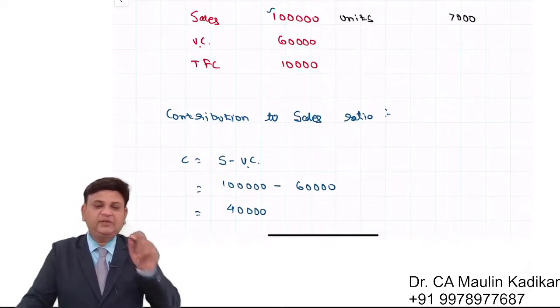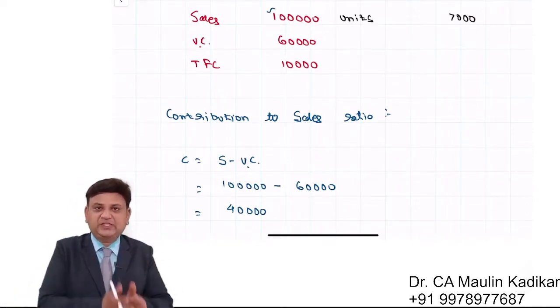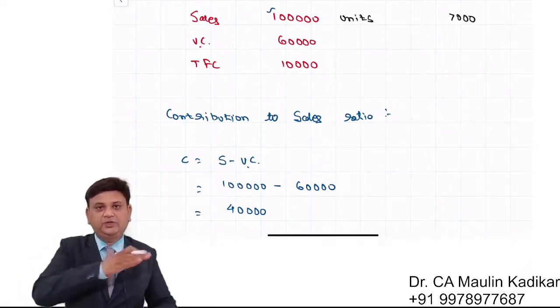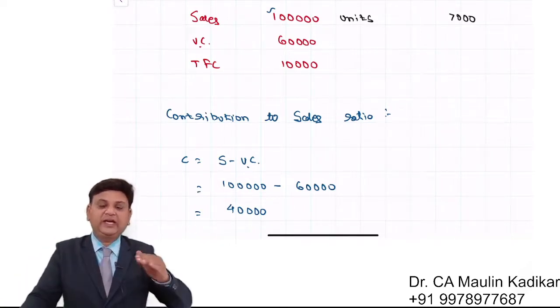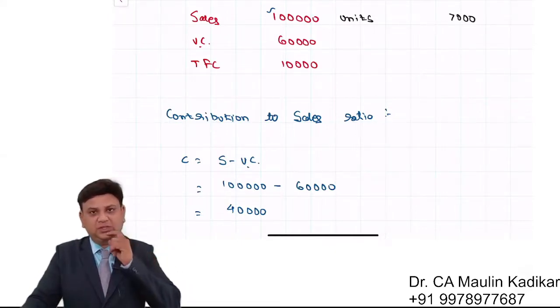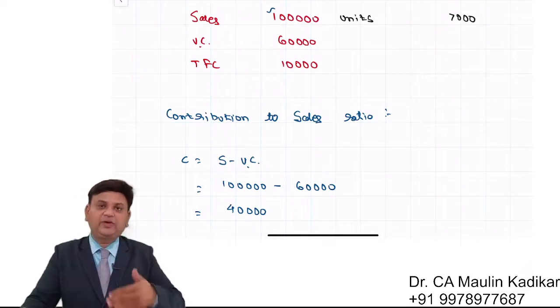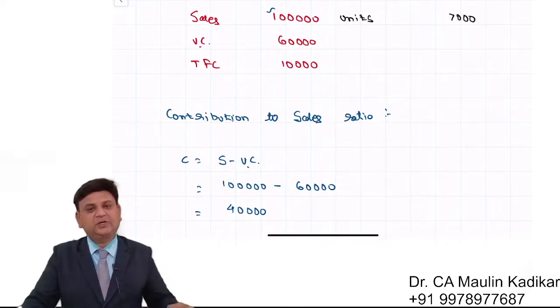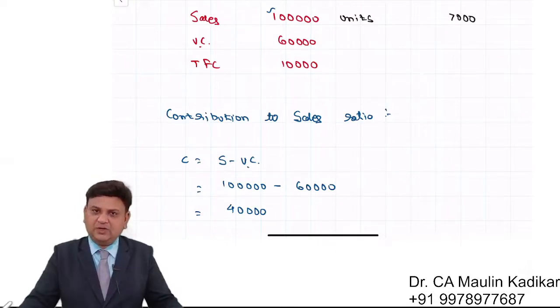The term variable cost stands for the expenses which are going to vary, which are going to change with the activity level. The best examples of the variable cost are material cost, labor cost, variable production overhead.